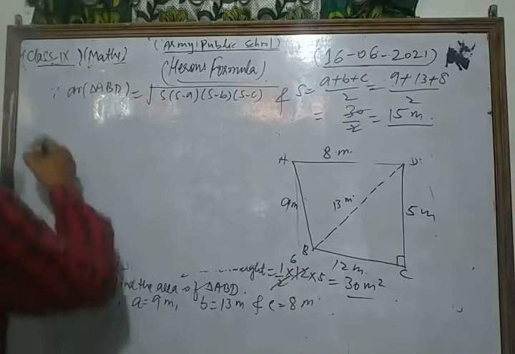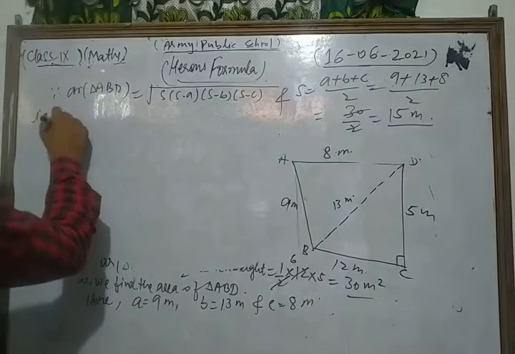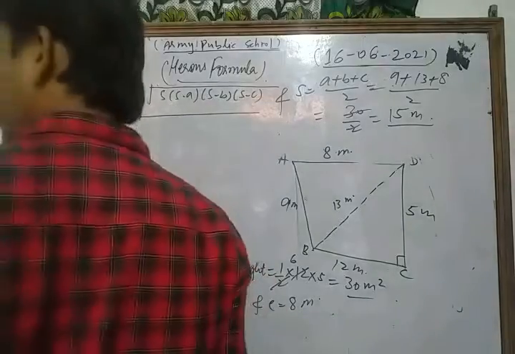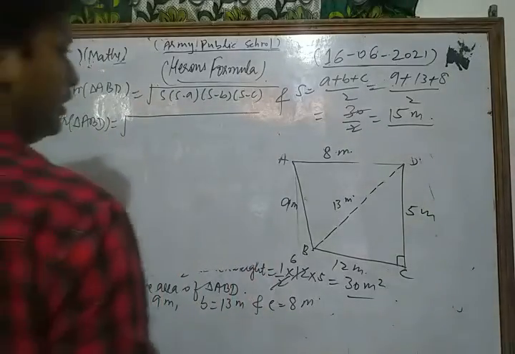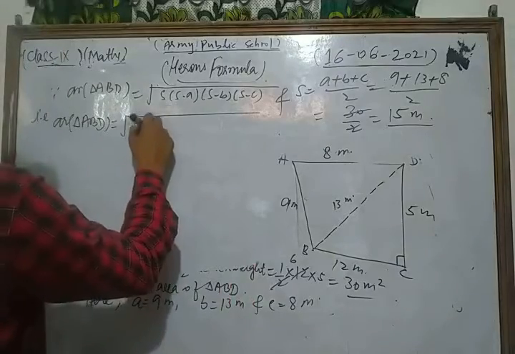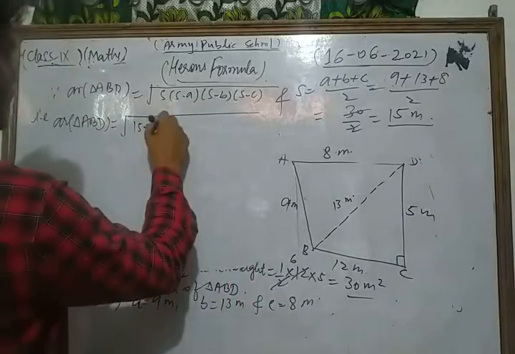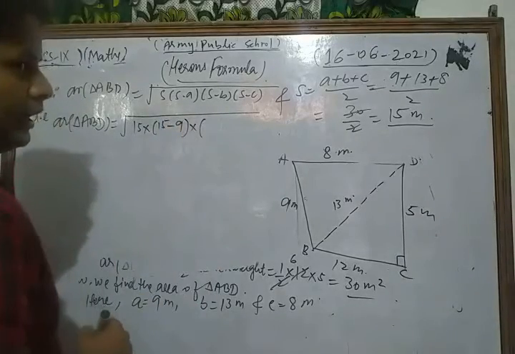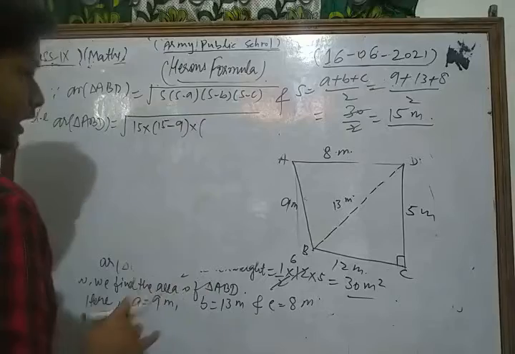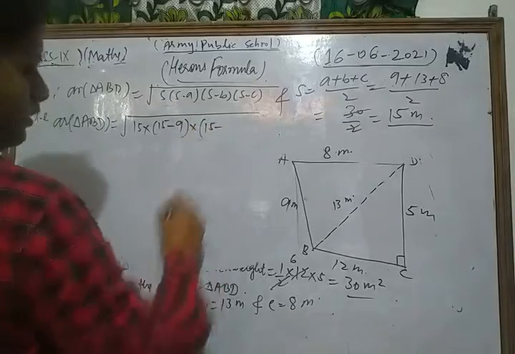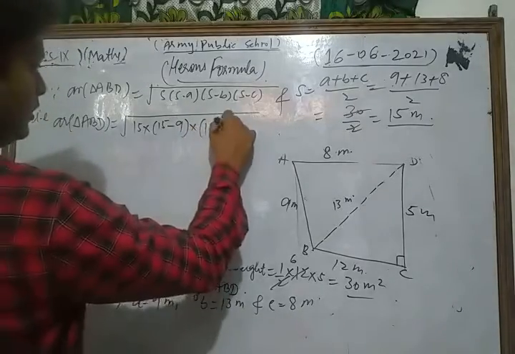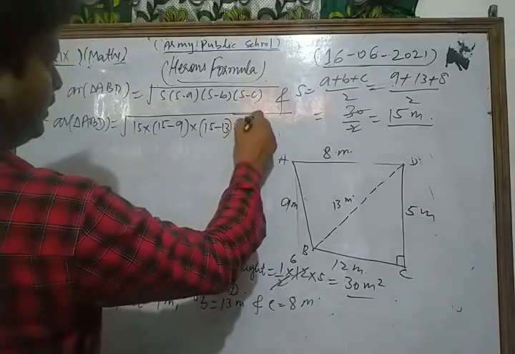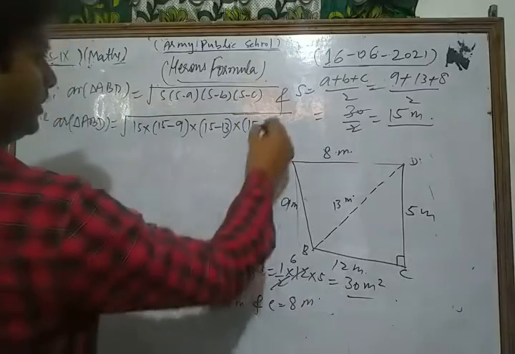Thus, area of triangle ABD is equal to under root S. S is 15, into S minus A, which is 15 minus 9, into S minus B, S is 15 and B is 13 meter, into S minus C, S is 15 minus C is 8.